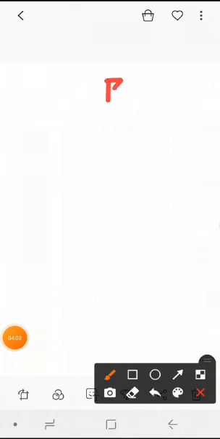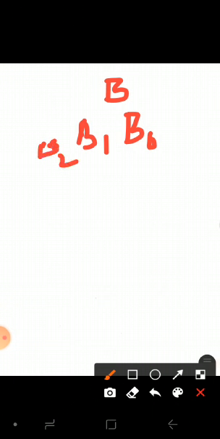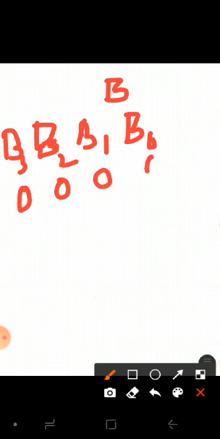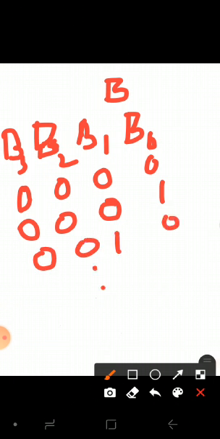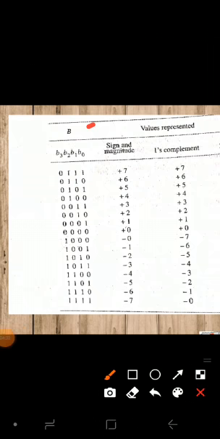We have a variable b represented in vector form, b0, b1, b2 and b3, and the values are 0 0 0 0, 0 0 0 1, 0 0 1 0 till 1 1 1 1. This is the table we have represented here: b3, b2, b1, b0, with the various combinations.